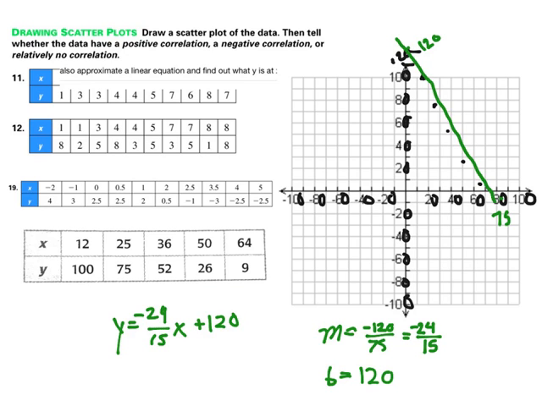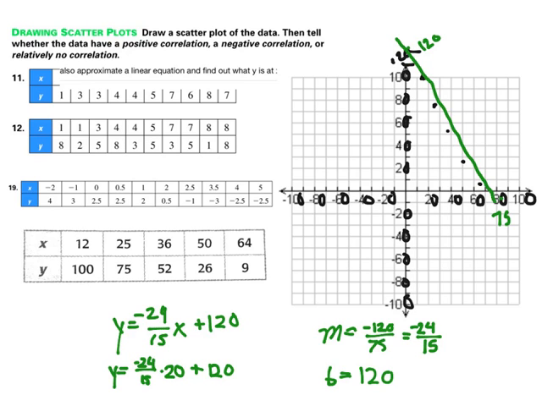Now you need to plug in x equals 20, and you end up with y equals negative 24 over 15 times 20 plus 120.